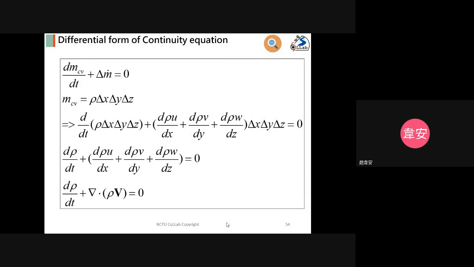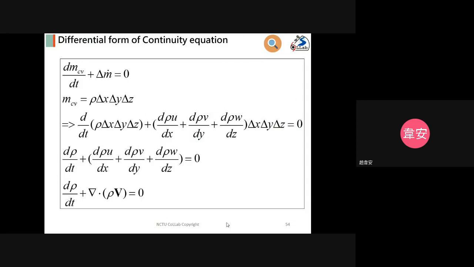This slide just reminds you that in previous chapters, I already finished introducing the differential form of the continuity equation.